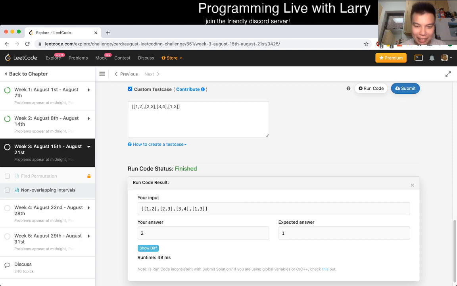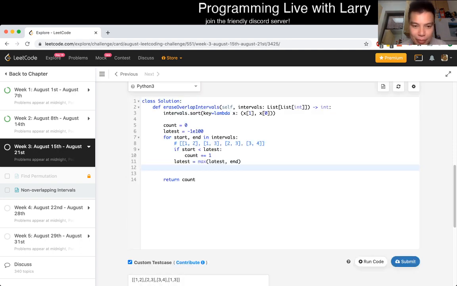Okay, well, maybe that's not it, because then now the latest is equal to 3. Now this is not right, that's why. We only want to update when it's kept, because this one gets removed, right? So this is an else.